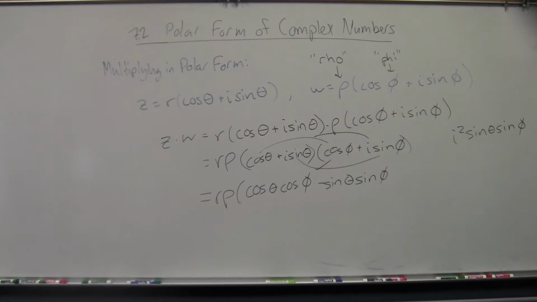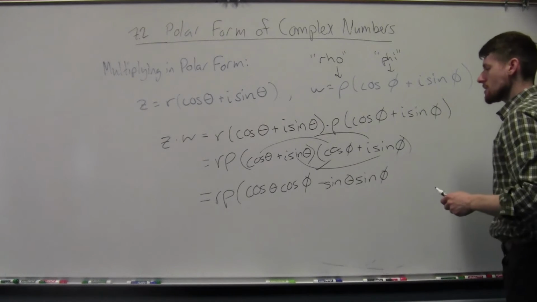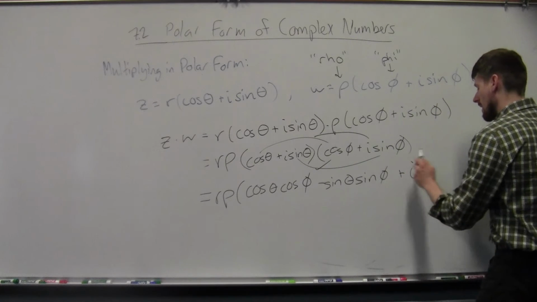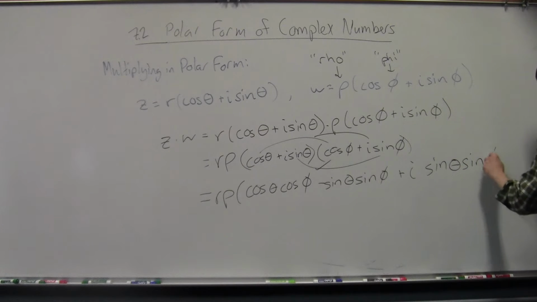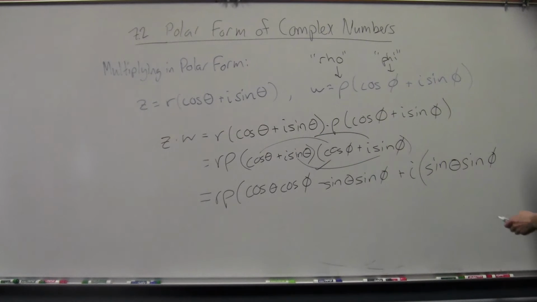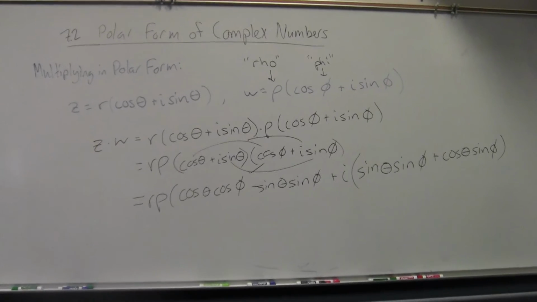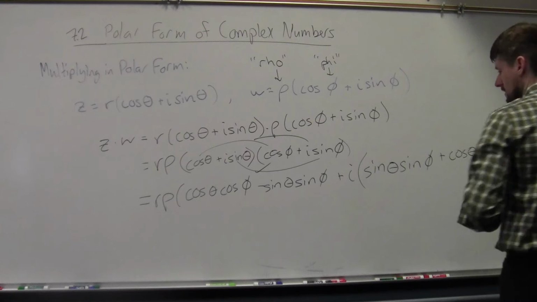That's the real part. Then the imaginary part comes from i sine theta cosine phi, so we'll factor the i out, plus cosine theta sine phi. All right, let's see if that's all in there. There we go. Now, look, hideous.